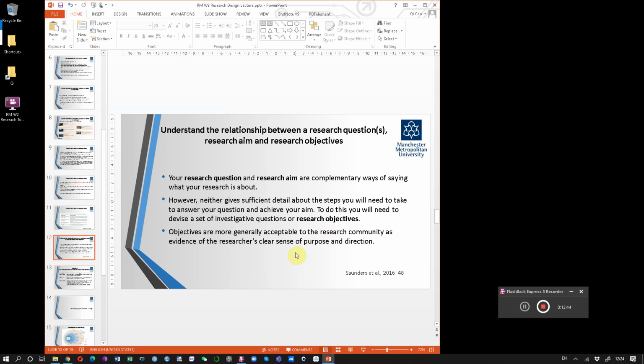A research aim is an interpretation of your research question from a different angle or in a different kind of context, but it should be complementary to your research question. So if you like, the research aim is just a confirmation, or a different kind of paraphrase or interpretation, of your research question.